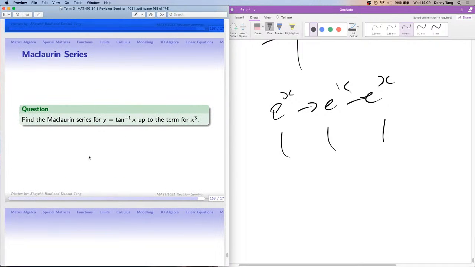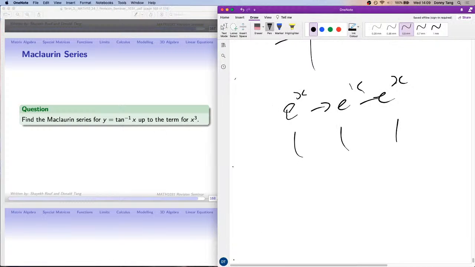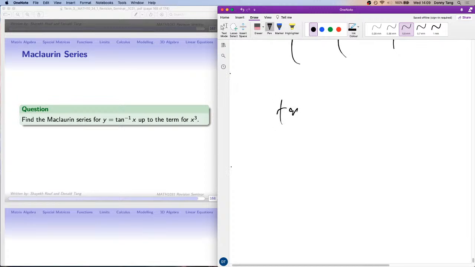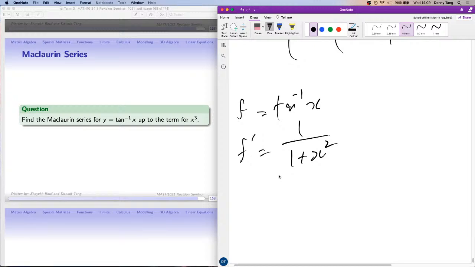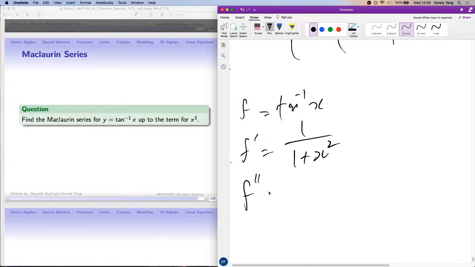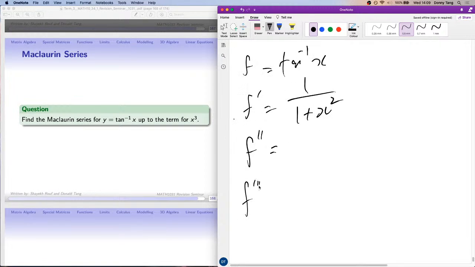All right. Find the Maclaurin series for y equals tan inverse x up to the term for x cubed. Okay, so we have tan inverse x. That's your f. The first derivative is 1 on 1 plus x squared. Then we need to find the second derivative and the third derivative.